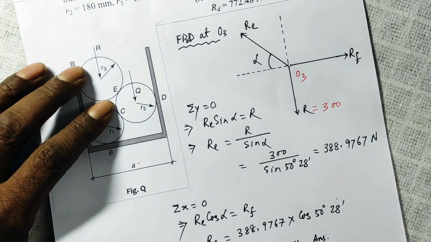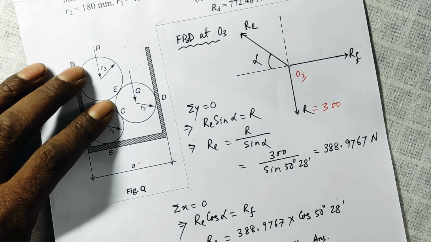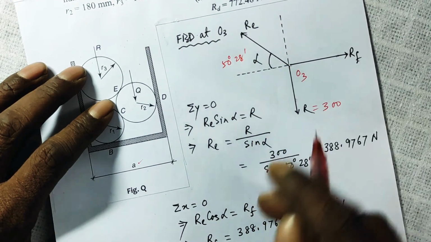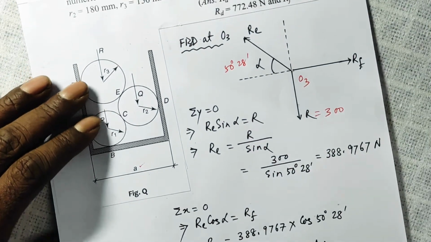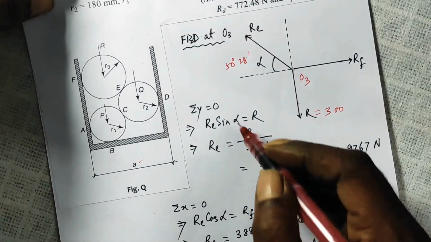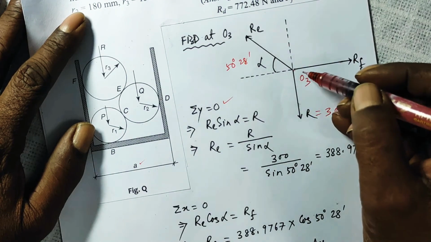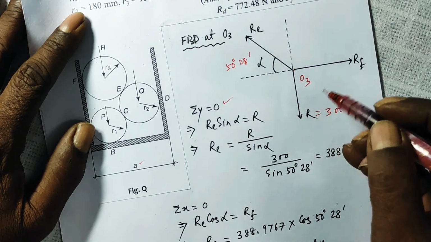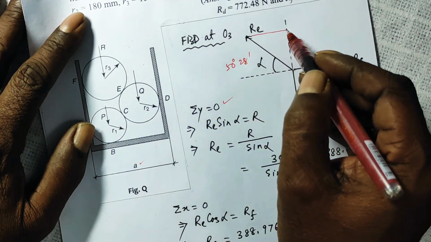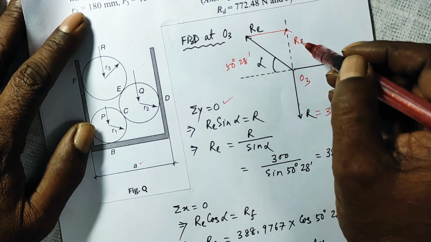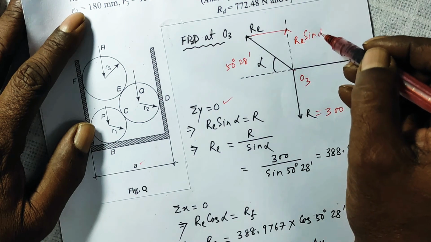And for RE, alpha we have calculated as 50 degree 28 minutes. So let us first apply sigma y equal to 0. Now this is along the negative y axis. If you drop a perpendicular here, this point to this point will be your RE sin alpha.